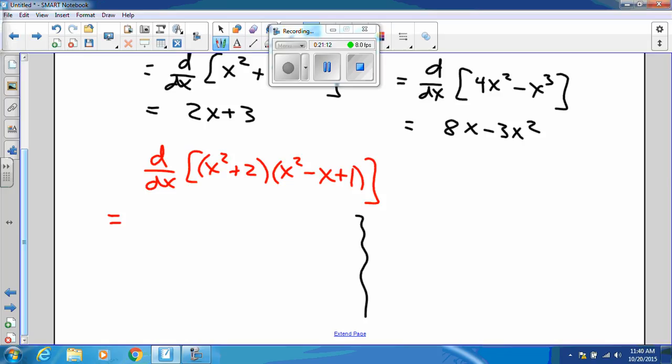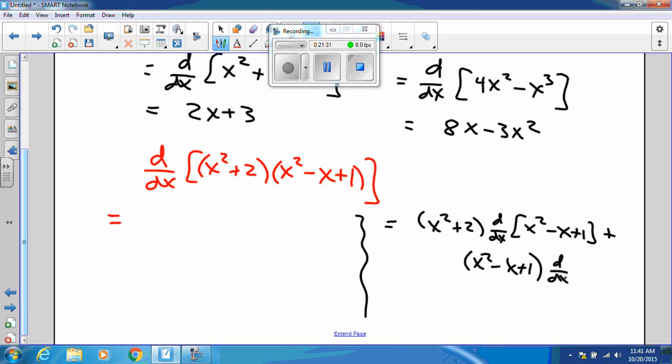I'm going to do the appropriate version for your side. I'm out of room, but does everybody understand I'm using the product rule here?